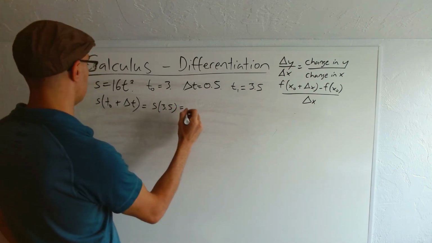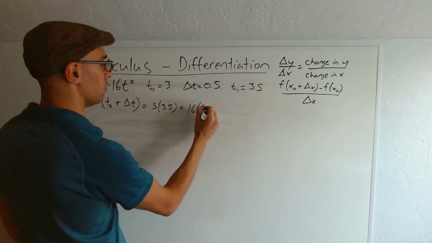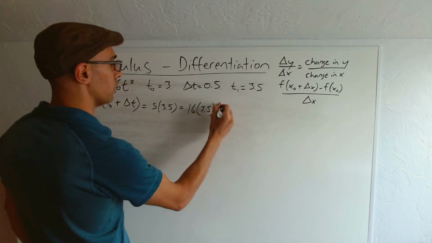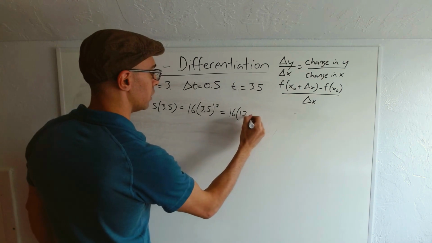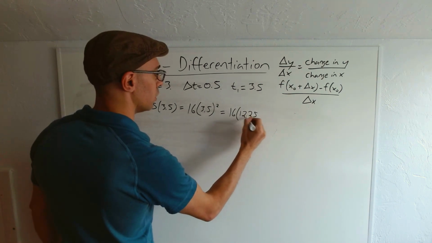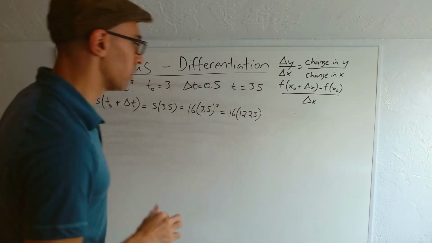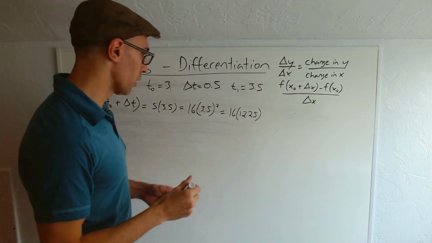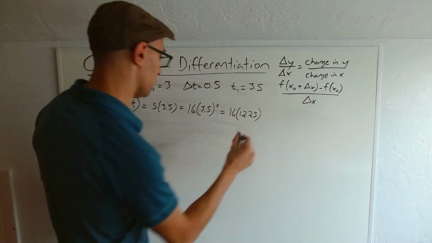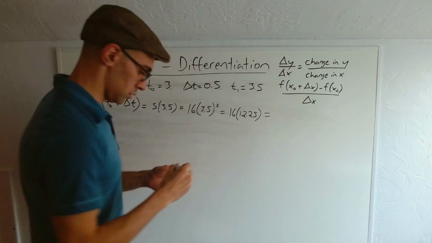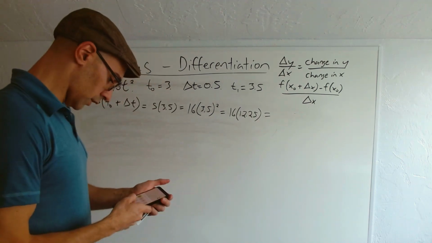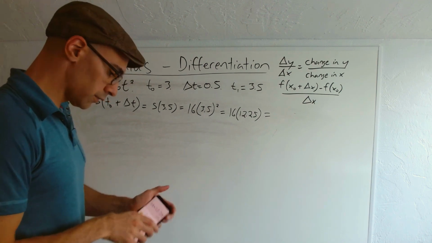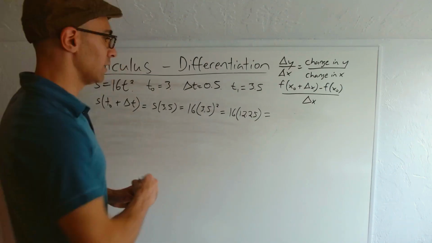So that would be 16 times 3.5 squared. 3.5 squared is 12.25. Again, I really should post that video about how to mentally square any number that ends in 5. Very useful. Okay, I'm going to let the calculator do this one. 16 times 12.25 is 196.